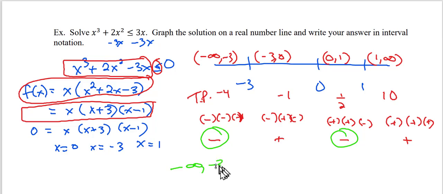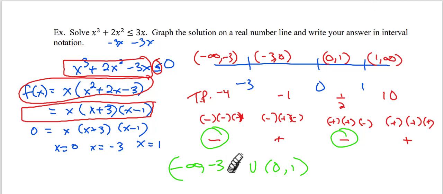Negative infinity to negative 3, union 0 to 1. Is that correct? Not quite. Those intervals are where it's negative. I want to know where it's negative or equal to 0.